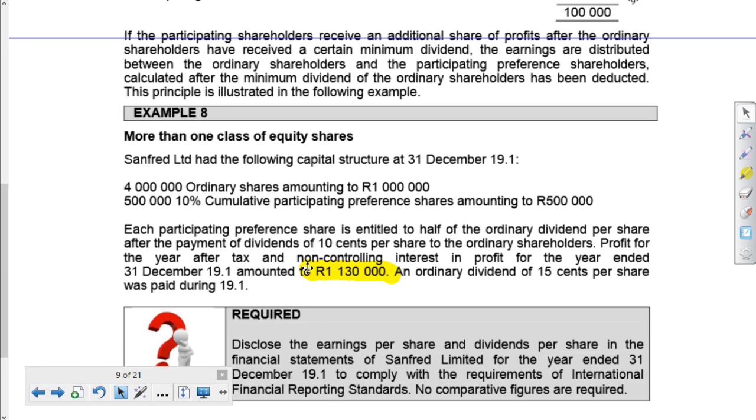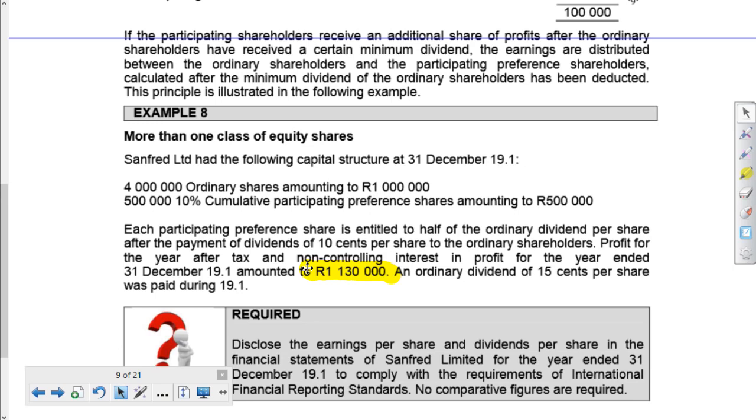So the 1130 is going to go first to a cumulative pref div, then 10 cents a share to ordinary shareholders. What's left is going to get split half to 1 per share. So you can say 10 and 5, 2 and 1, 1 and a half, whatever you want, but you have to then multiply it by the number of shares to get your split. Okay, you're going to try? All right.